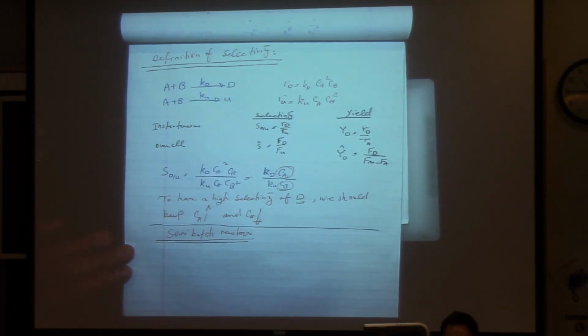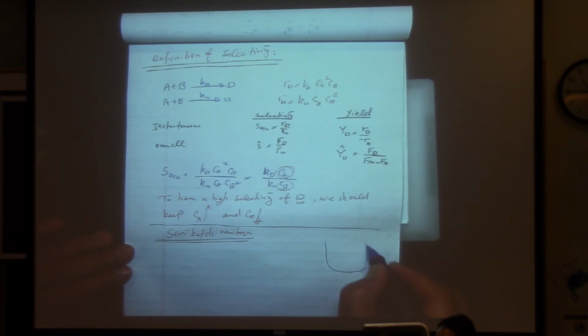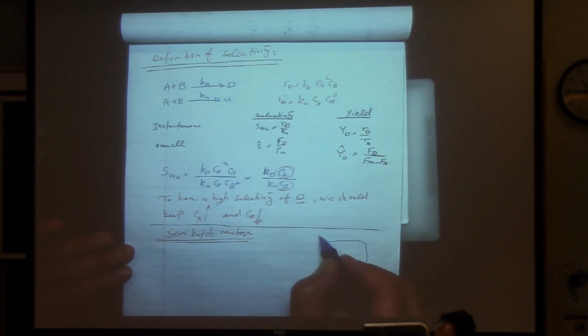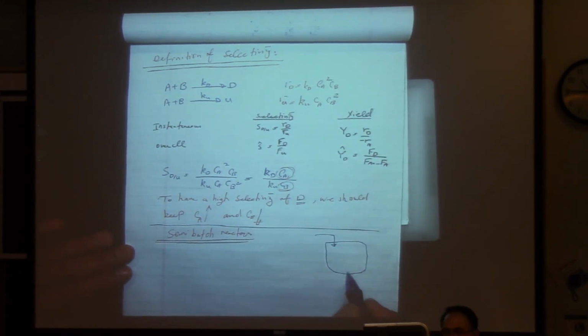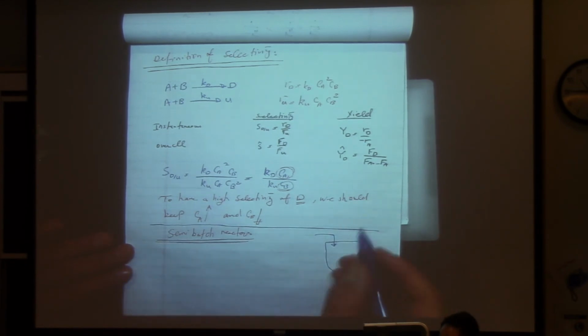What is a semi-batch reactor? Consider a reactor like this. The reason we say semi is that we have an inlet, but we don't have an outlet, so it's half batch in a sense.